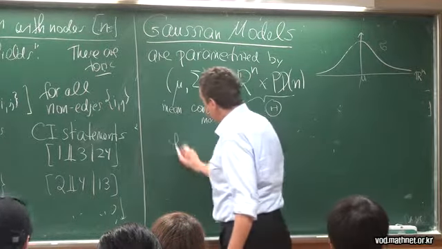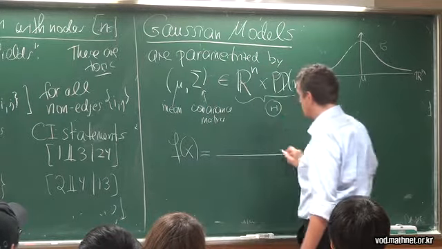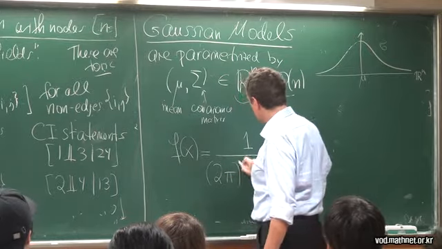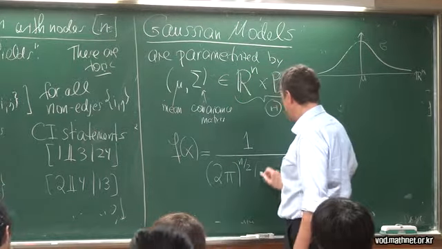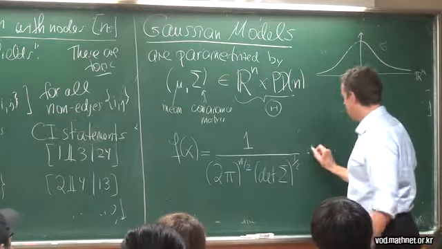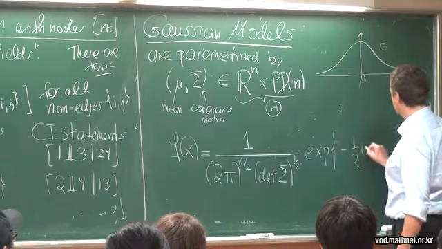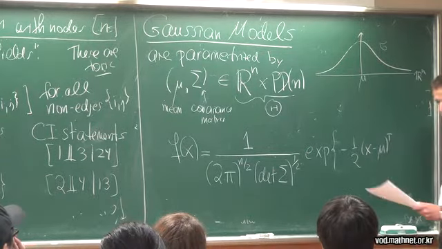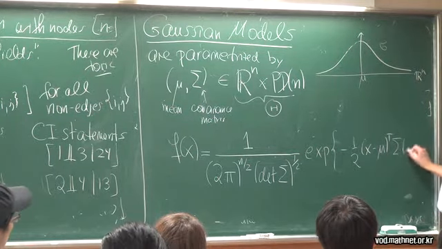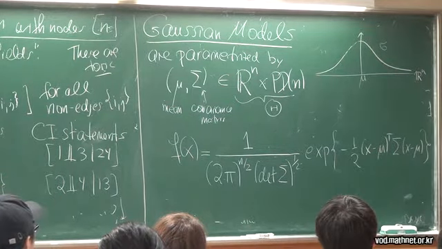Let me tell you the density. You don't have to look at it again, but I think one should see it at least once, right? So there's 1 over (2 pi) to the power n over 2, times the square root of the determinant of sigma, and then times the exponential function of minus a half (x minus mu) transpose, that's a row vector, sigma, that's a square matrix, (x minus mu), that's a column vector, and that's a number.